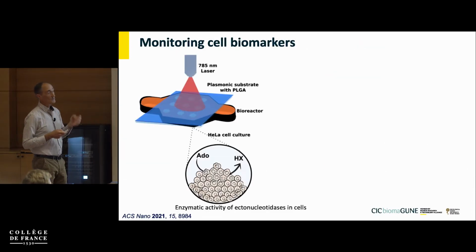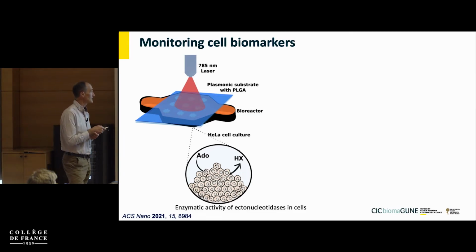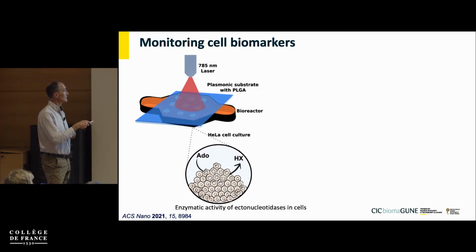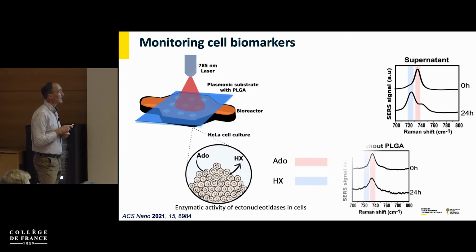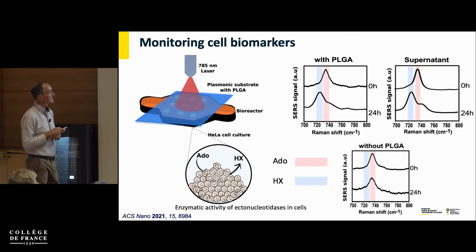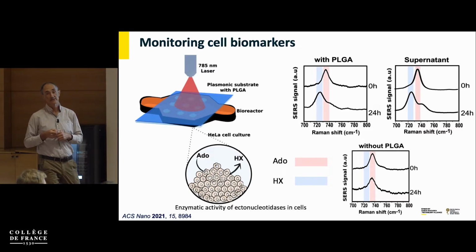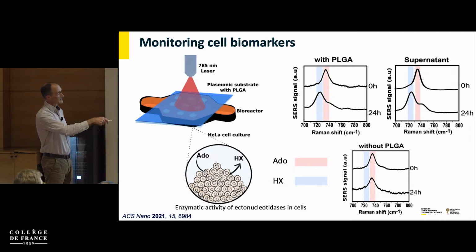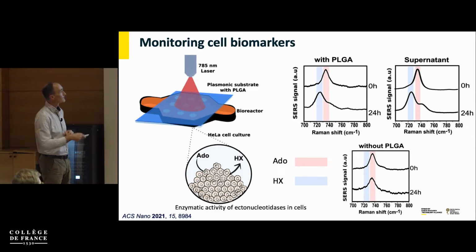And then coming back to the example that we had, this is again a cell culture where now we are observing a different metabolic conversion from adenosine to hypoxanthine. And again, if you do it simply with the superlattice substrate without the polymer film and without replacing it, basically you measure the same spectrum at initial time and after 1 day.